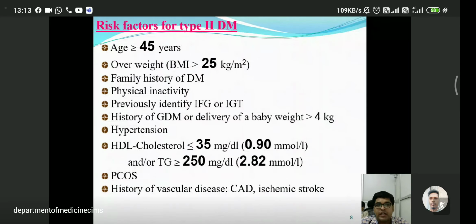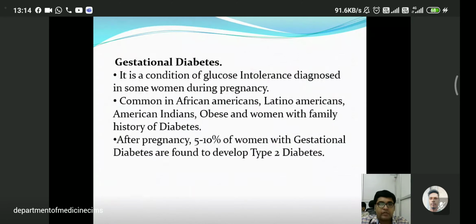They will have comorbidities like hypertension, or their HDL cholesterol would be less than 35 or triglyceride more than 250. Some obese girls suffer from polycystic ovarian syndrome. They are also prone to become type 2 diabetes mellitus. And other diseases like coronary artery disease and ischemic stroke, any other vascular disease, all carry risk of later acquiring type 2 diabetes mellitus.